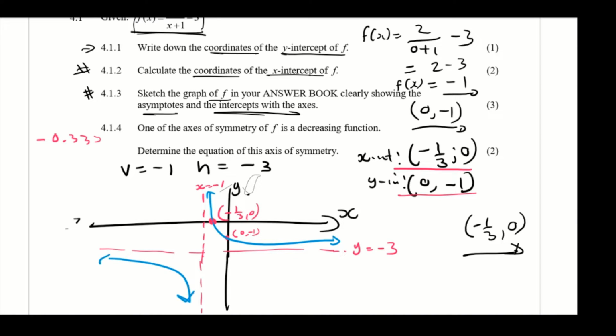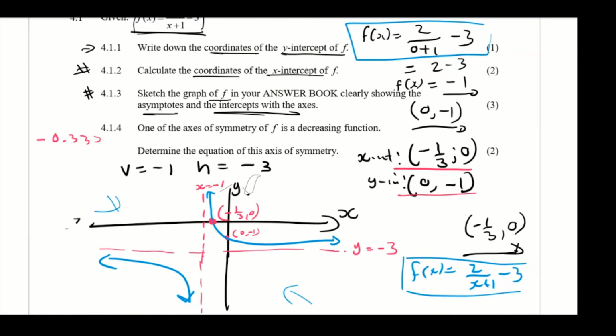So how do you know that this is in this plane? How do you know that we should draw it here and not the other sides like here and here? So we see by the value of a. If you see our equation, which is this one here, let me write it properly. It's f of x is equal to 2 over x plus 1 minus 3.